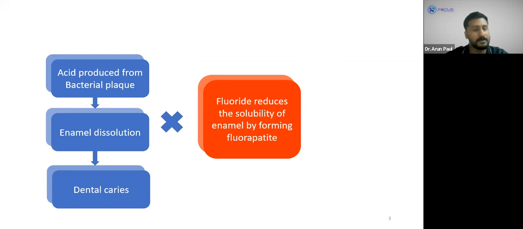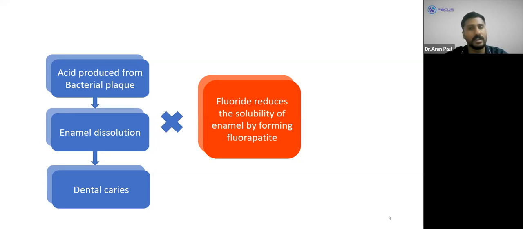So fluoride predominantly acts by reducing the solubility of enamel. That is, it acts upon the minerals by forming calcium fluoride. We'll see in detail how the calcium fluoride is formed. That is a predominant mineral which forms when fluoride acts on the tooth surface, and this prevents the dissolution.